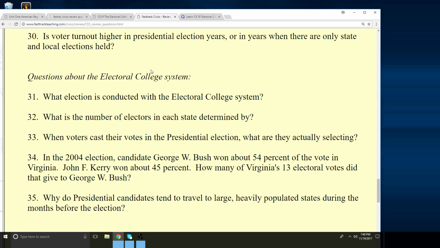So 33 reads, when voters cast their votes in the presidential election, what are they actually selecting? It's not electoral votes. Look at the question prior. What is the number of electors in each state determined by it? So number 33, when the voters cast their votes in the presidential election, what are they actually selecting? They're selecting the electors. Remember in your notes where it says the first step is choosing from a slate of electors.